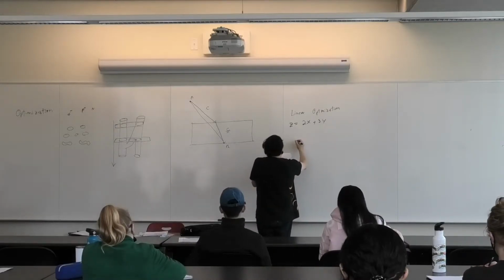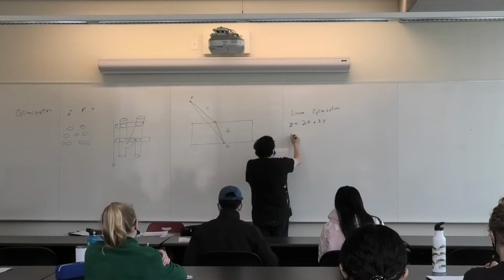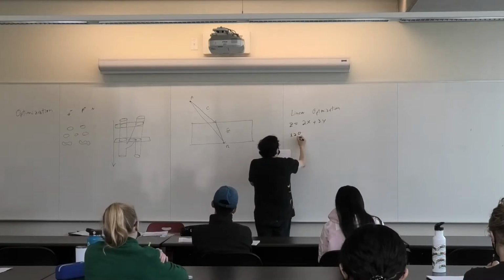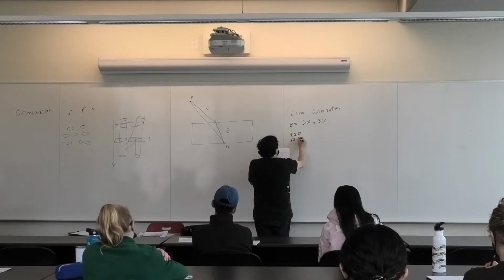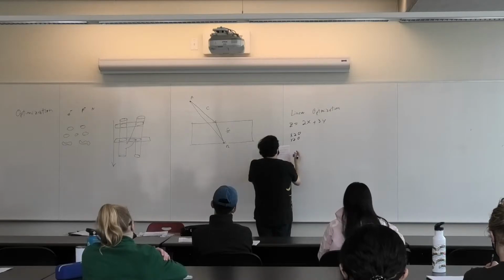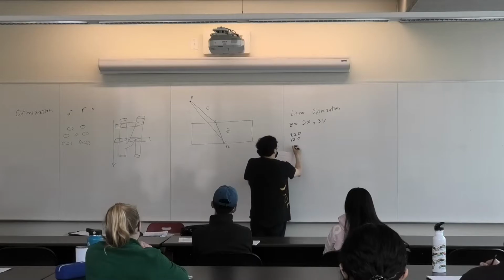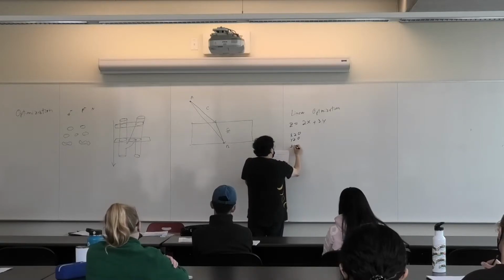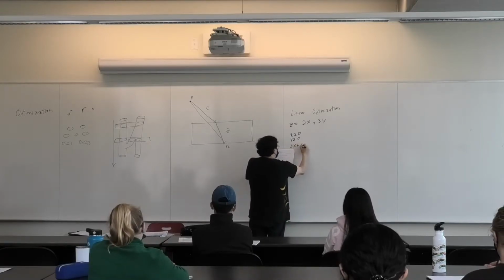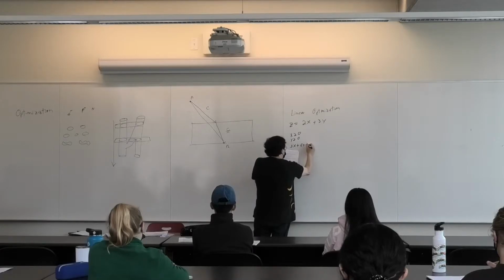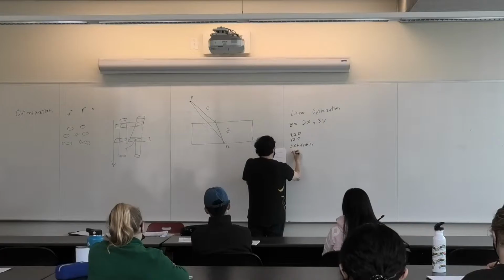So, for example, we say x has to be greater than or equal to 0, y has to be greater than or equal to 0. And then maybe we have some other equations that we can use to constrain these variables. x plus 6y greater than or equal to 24, y greater than or equal to -3 plus x, in this example.